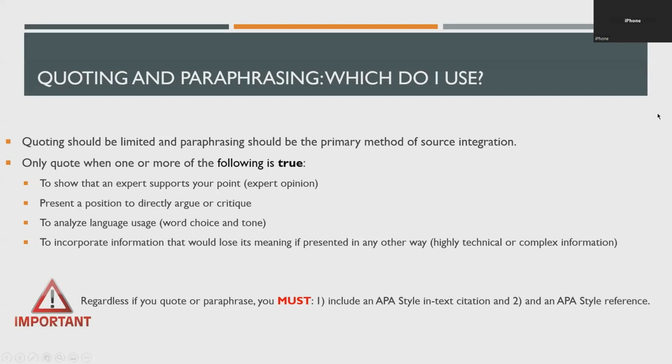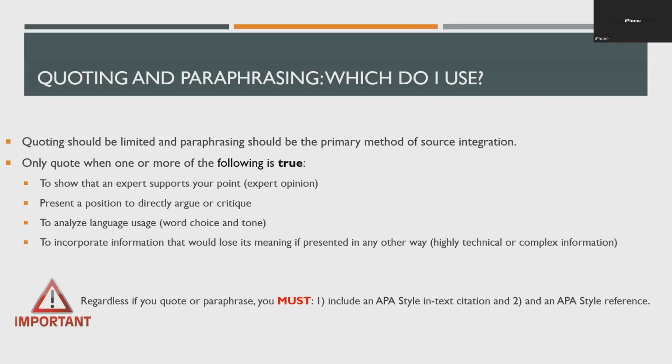If you're just summarizing what a source is saying, no need to quote from it really. If the exact language, the exact tone that the author is using isn't important, you probably don't need to quote. And then finally, you should quote if you're incorporating information that would lose its meaning if it was paraphrased. So for instance, if you are presenting information that is really technical, or very complex, or uses a lot of very specific words that have precise meanings, that's a good time to quote.